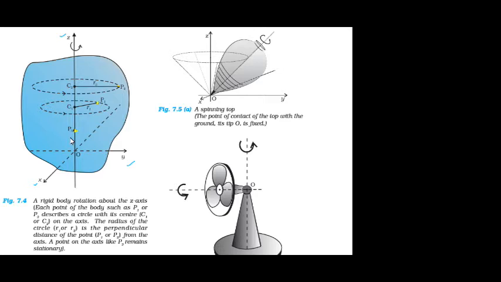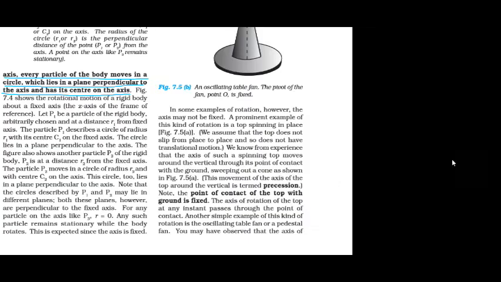Therefore, no rotation takes place for P3. So figure 7.4 shows the rotational motion of the rigid body about a fixed axis, that is the z-axis of the frame of reference. So here we are taking the z-axis as the axis of the frame of reference.